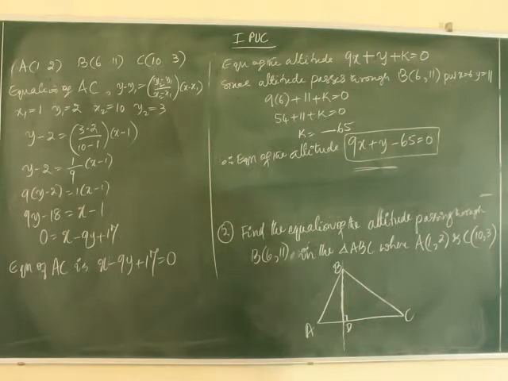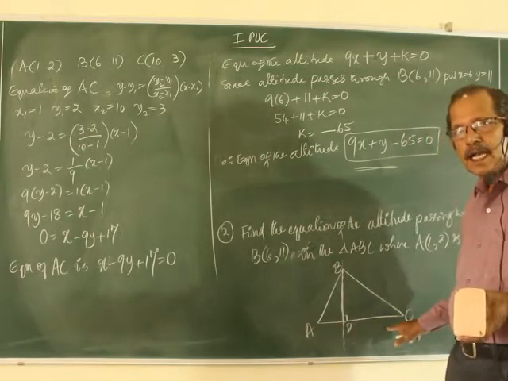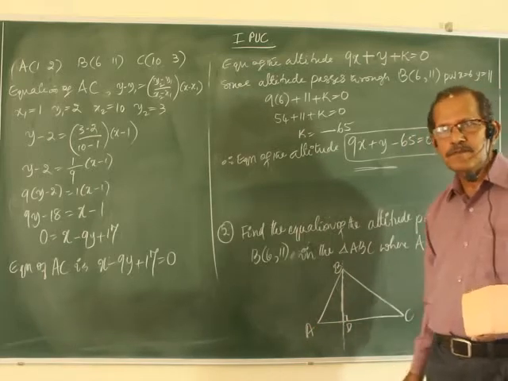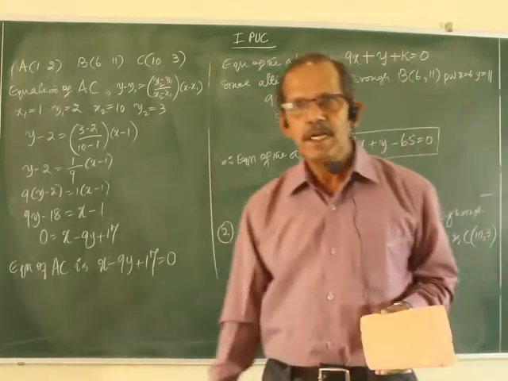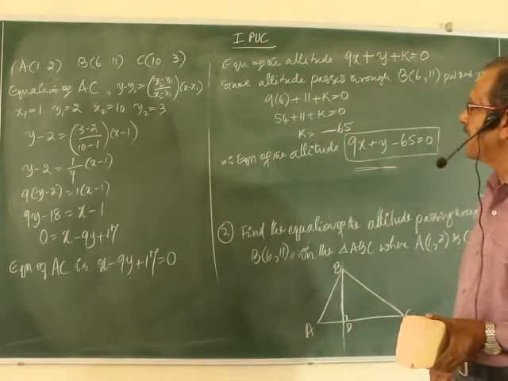Obtain the equation of the line. But there is another method, actually you know the second method also. Just find the slope of AC, calculate the slope of the altitude, m1 into m2 equal to minus 1. That can also be done. Slope point formula can also be used.